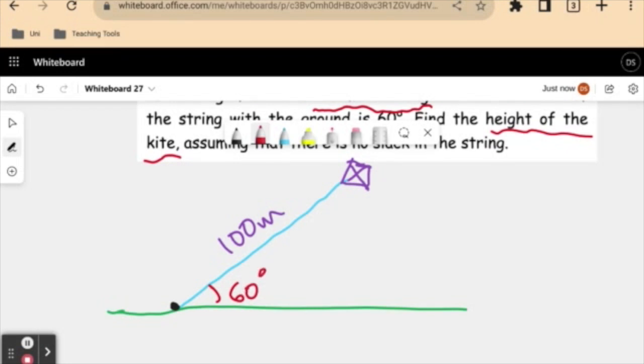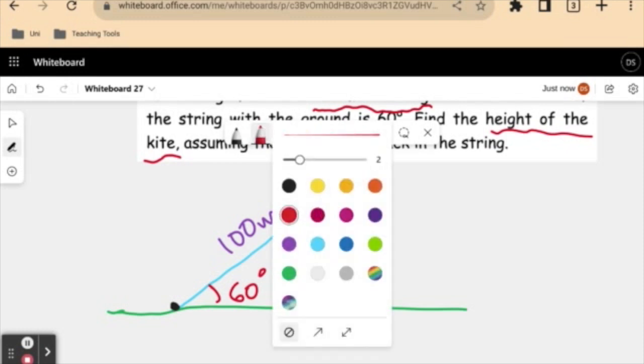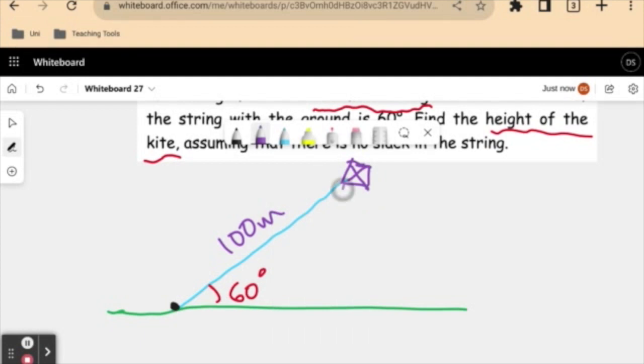And we want to find the height of the kite. So we want this thing here. We want to see how far the kite is from the ground. I've drawn this imaginary line which goes from the top of the kite and hits the ground. What shape does this resemble? Between my kite, my ground, and my little imaginary line, I have made a triangle.